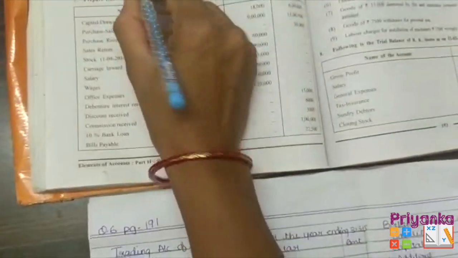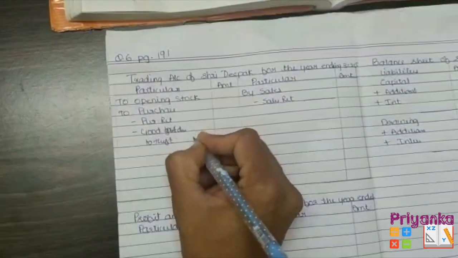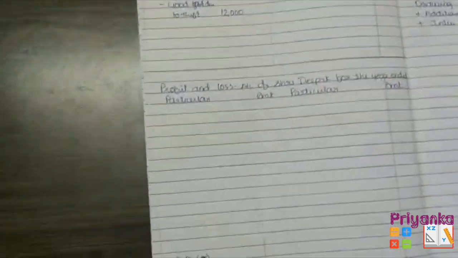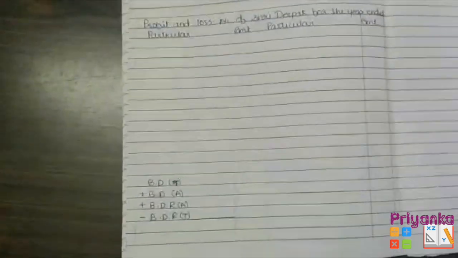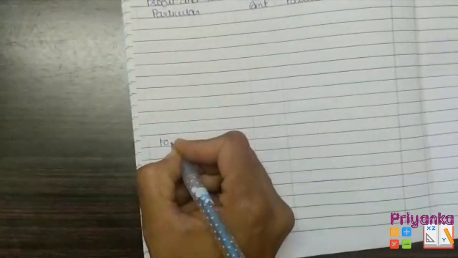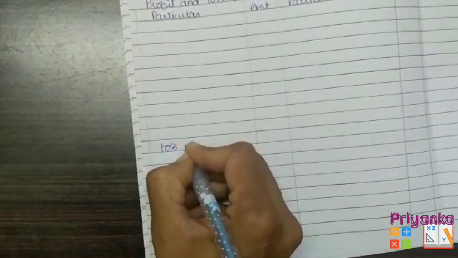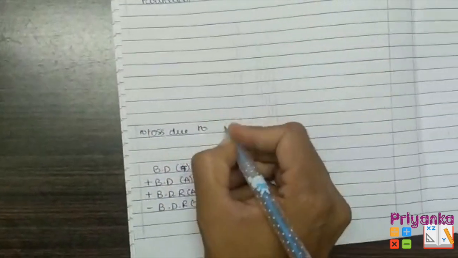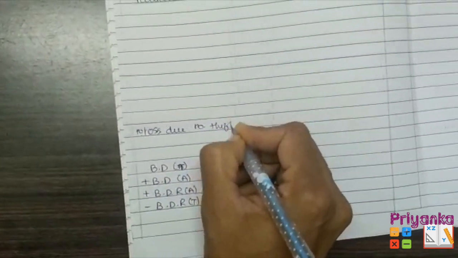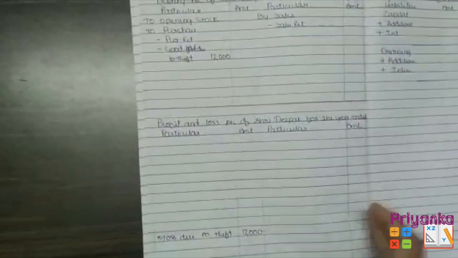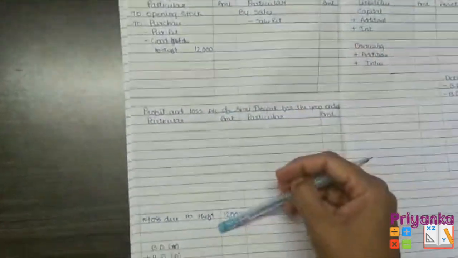Amount is 12,000, so we'll keep 12,000. One more entry will come, that we got the loss. So here I am going to put 12,000. As I told you before, adjustment has two entries.